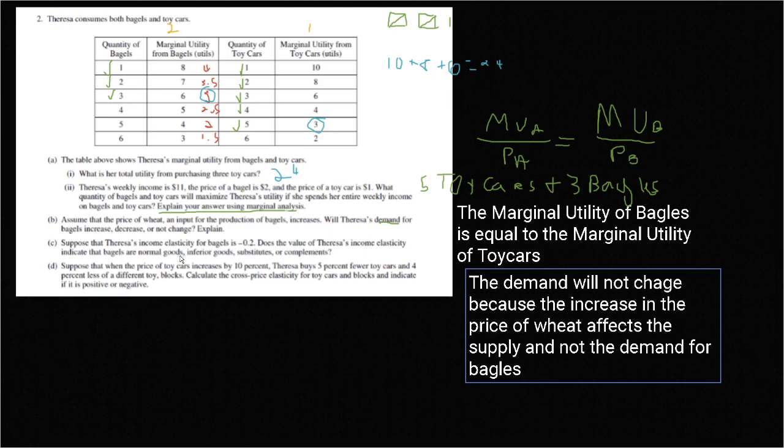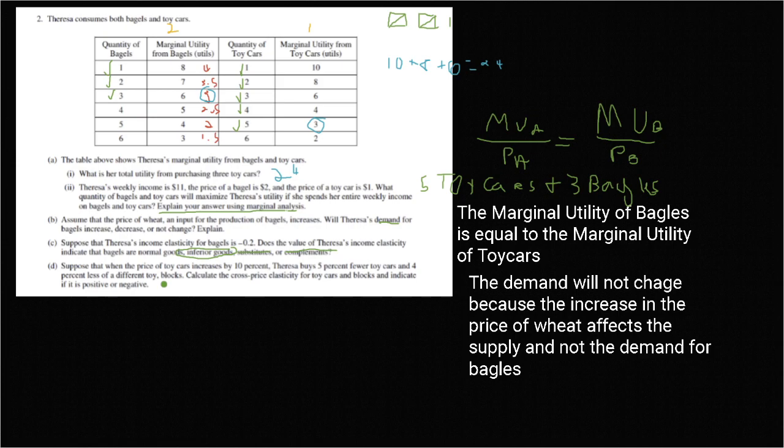So income elasticity is related to inferior versus normal goods. So you already know that it's not going to be a substitute or a complement. And if it's negative, it is an inferior good. And there's really no explanation, so I'm glad it doesn't say explain. It's just the income elasticity is negative, so it's inferior.